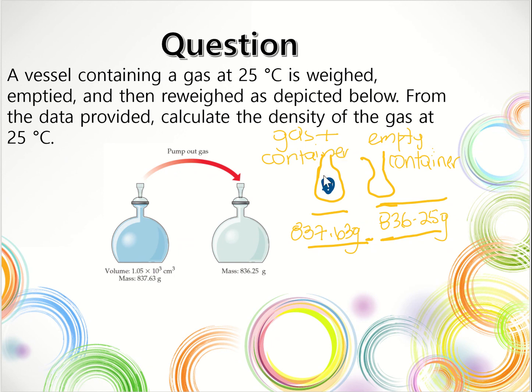We have gas plus container here that weighs 837.63 grams, the same as we see here. And then we have the empty container, 836.25 grams, right? And so that's important information. And the volume of the gas is given as 1.05 times 10 to the 3 centimeters cubed. All right, so go ahead and attempt to calculate the density.